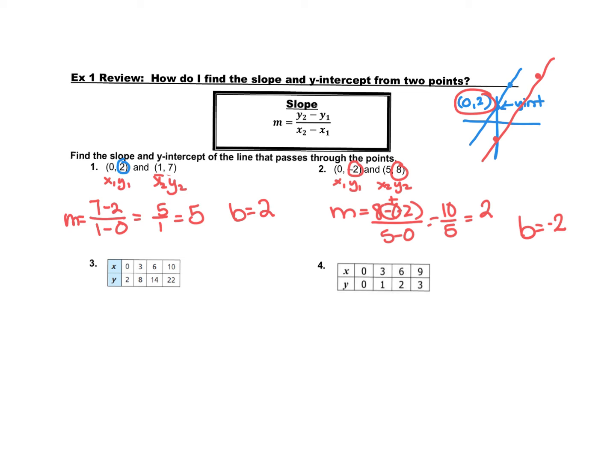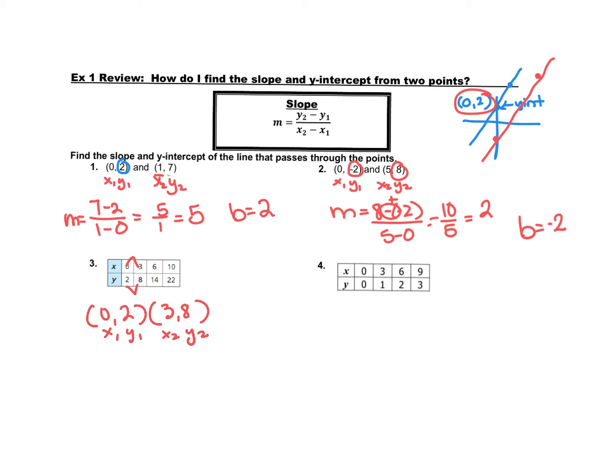All right, so let's take a look from a table. Remember, the slope is the change in the y all over the change in the x. Because we get really good at using the slope formula, something that might be helpful is to just take 2 points out. It doesn't matter which 2, but I'm going to take the one with the 0 because I think that's going to be helpful. And then I have 3 and 8. So I have x1, y1, x2, and y2.